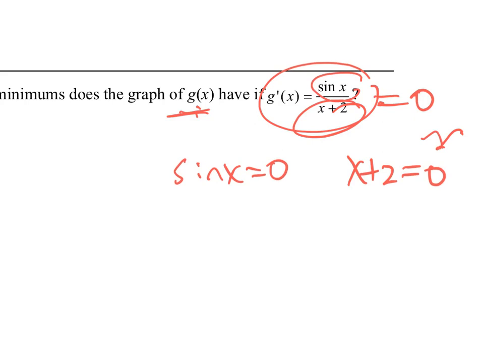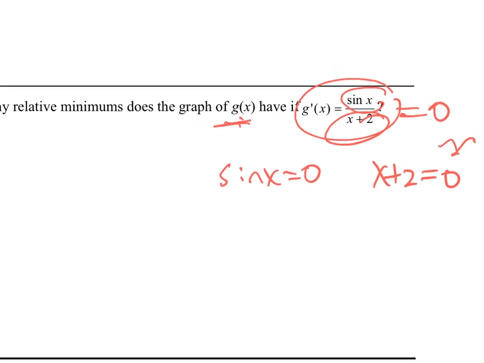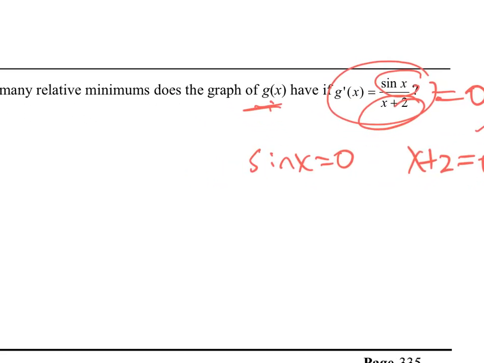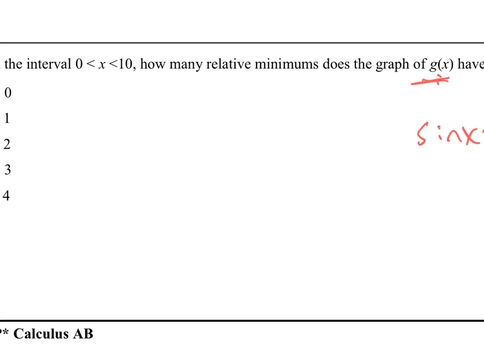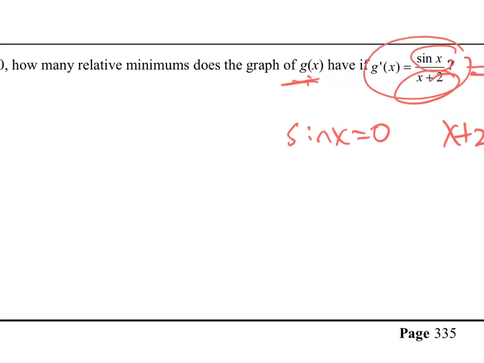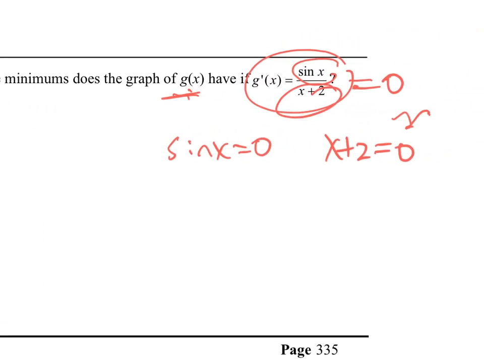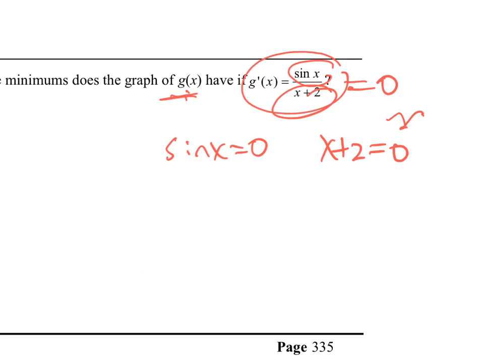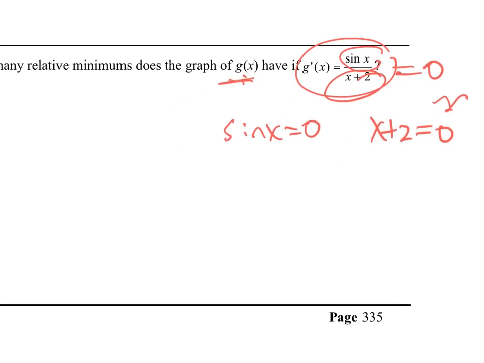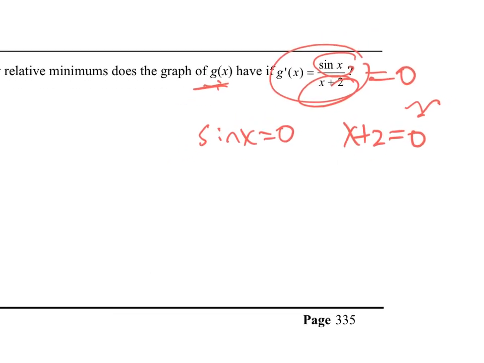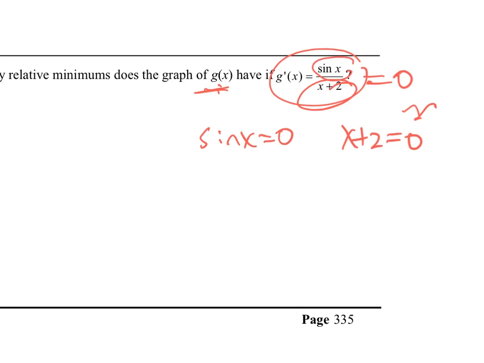Let's see. I don't even need a calculator for this. He's asking how many relative minimums does G have? Relative min, well, let's find out what these are. Where is sine of x equal to 0?